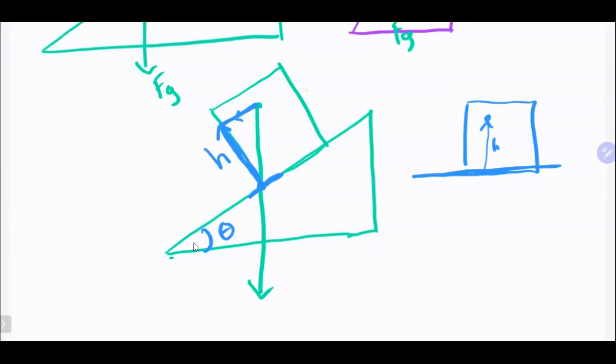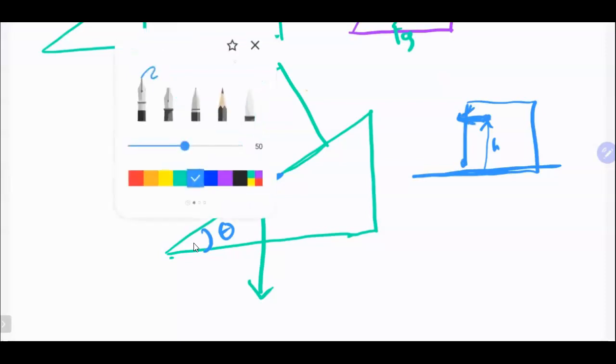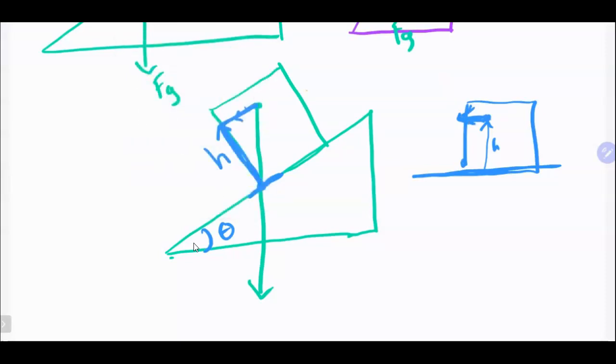That distance and the horizontal distance from the center of mass to the edge of the object, which in this picture here, that distance is there. If the object was flat, it's a horizontal distance. When the object is tipping, it's here and it's parallel to the surface. That distance we'll call d, from the center of mass to the edge of the object.